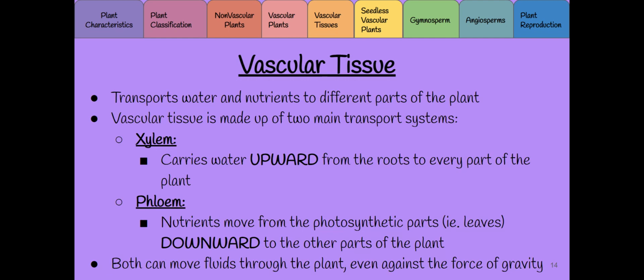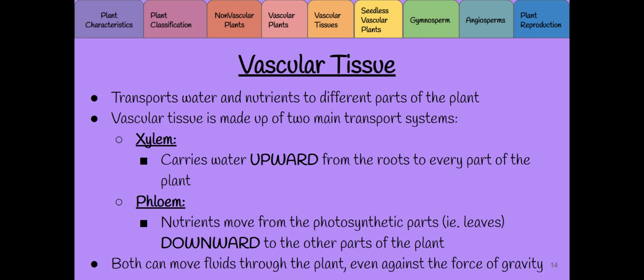This vascular tissue transports water and nutrients to different parts of the plant, and it is made up of two main transport systems. One is called xylem, and that carries water upward from the roots to every part of the plant. I remember xylem by the XY, and that carries water.